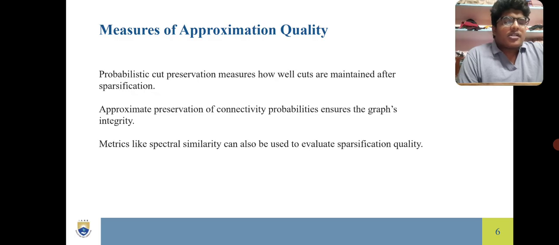Probabilistic cut preservation means the cuts remain similar, and connectivity probabilities stay close to the original.